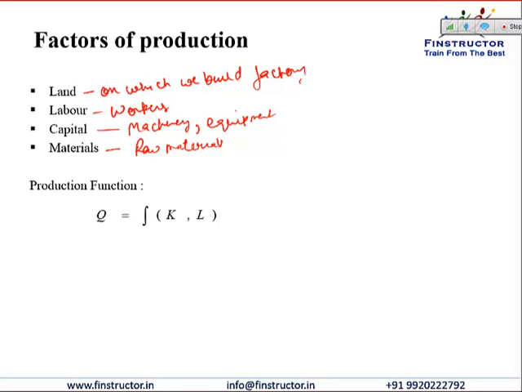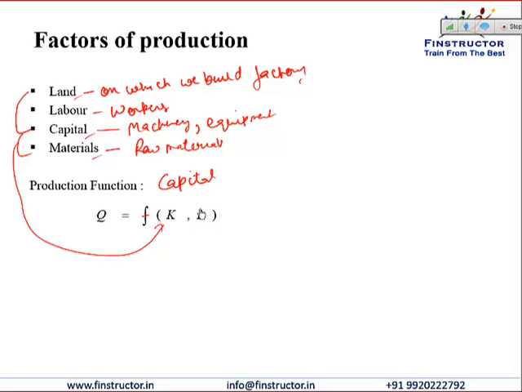For the purpose of further discussion, we will club land, capital, and materials into one factor called capital. So capital for us henceforth means all of land, capital, and materials. And we will study the production as a function of the capital and the labor employed.